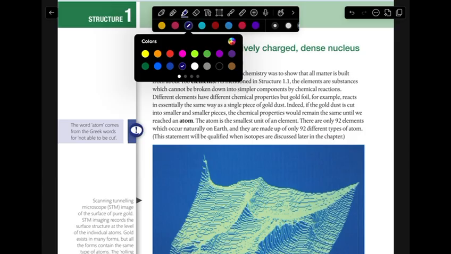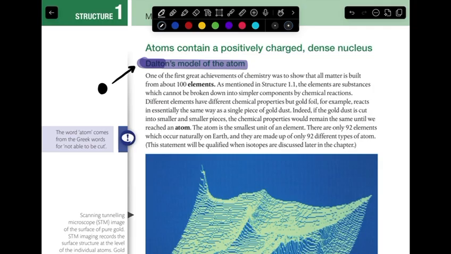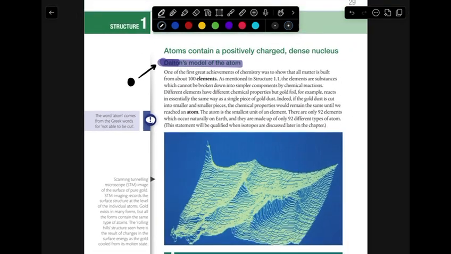So this is what Dalton proposed. He said that atoms are very tiny and indivisible. However, Dalton believed that atoms had no internal structure, so this means that he believed that atoms didn't have subatomic particles.